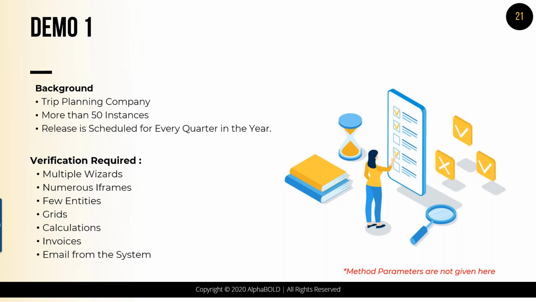The core functions of the application are booking the trip, creating the departures, generating invoices, and getting the services of different vendors like hotel, food, and so on. The application has more than 50 instances, and the release schedule is every quarter of the year.